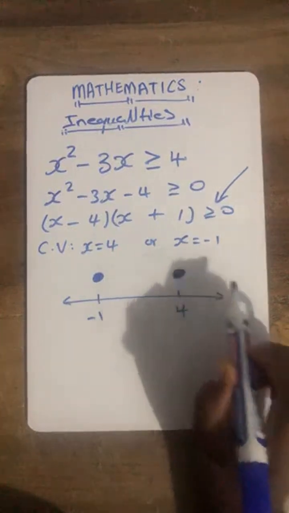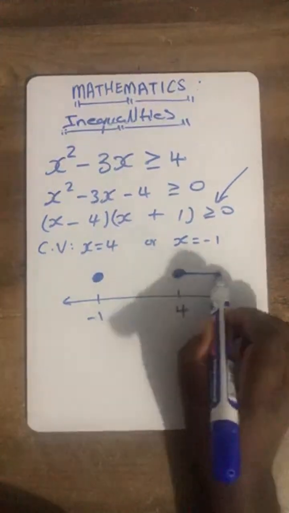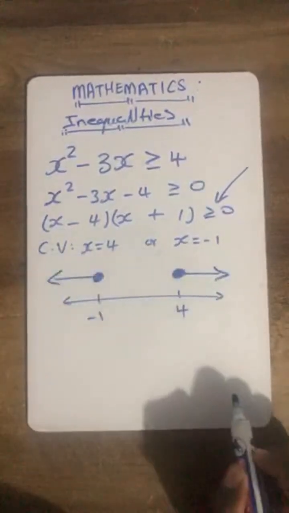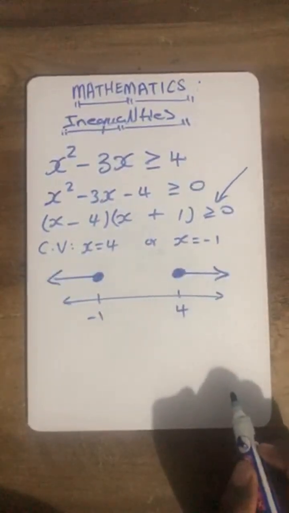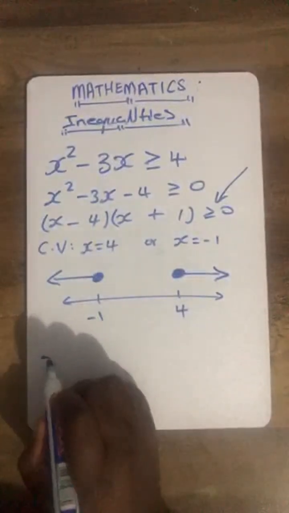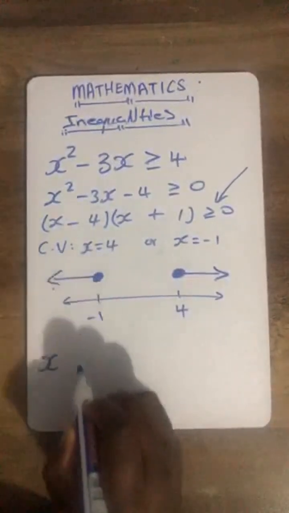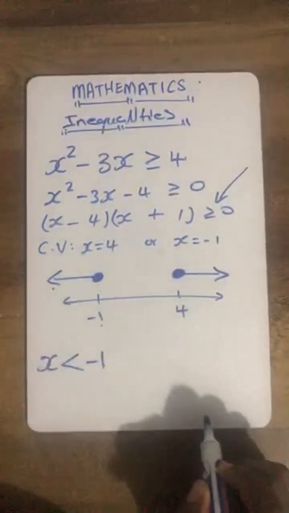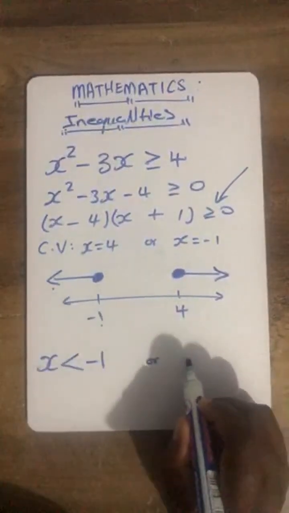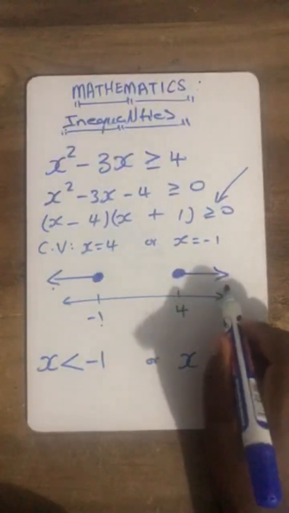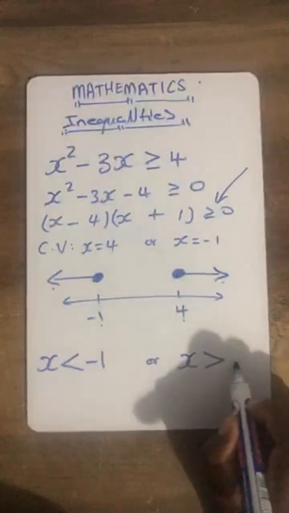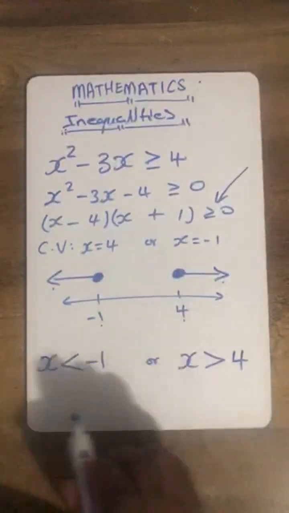Circles which are shaded. With it being greater than, it means you have these arrows pointing outwards. Therefore, you just say x. You see this arrow, you just take it as it is. It is for that critical value. And then you can just say x. You see this arrow, you just take it as it is. And that is for that inequality.